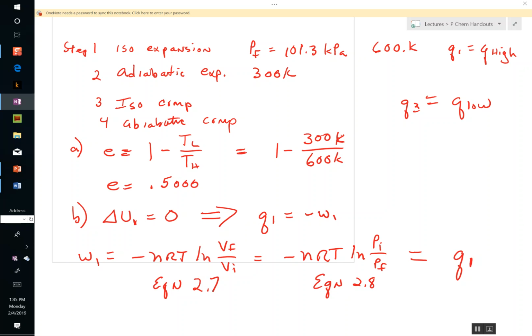Yes, Ryan? With that equation, how do we know which work we're solving for? Because we're trying to solve for work 1, but isn't there work 2, 3, and 4 that are also involved in the system, and all the numbers that were given in the question? Right, they're all works. What is that, 2.7? That's reversible work.